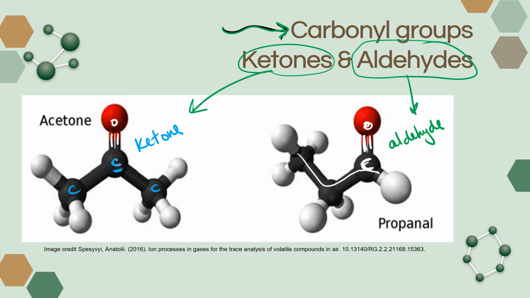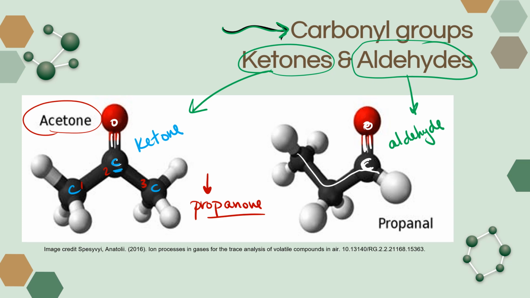To name our ketones, we are going to simply count the number of carbons. 1, 2, 3. That's prop: meth, eth, prop. And then we're going to name it -one at the end. So propanone. This is more commonly known as acetone, but the appropriate IUPAC name is propanone.